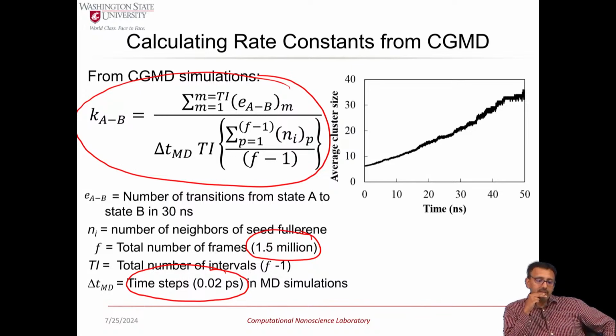I believe it is not counting the initial structure, probably. Yeah, those are the intervals. If you have f frames, the number of intervals you have is f minus 1, right? That's correct.